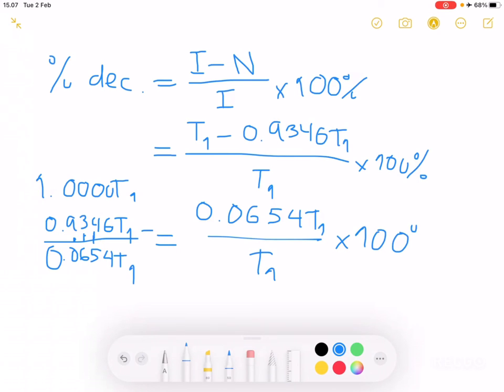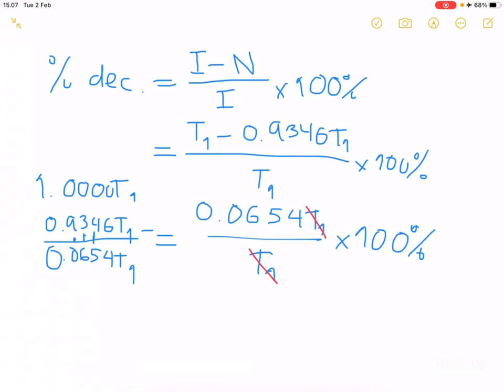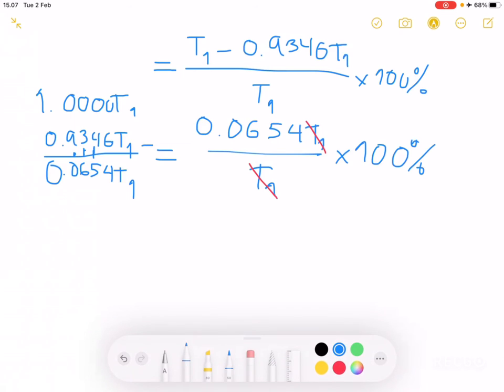This is multiplied by 100%. And notice that T1 and T1 here will cancel, and notice if we're multiplying by a multiple of 10, we just count the number of zeros and then we just move the dot by that number of places. So in this case we'll move the dot 2 places to the right, because we have 2 zeros in 100.